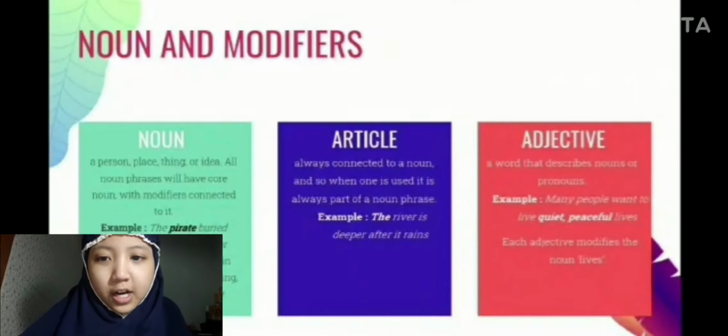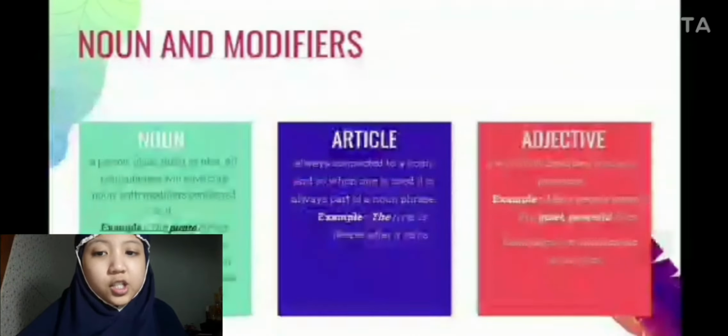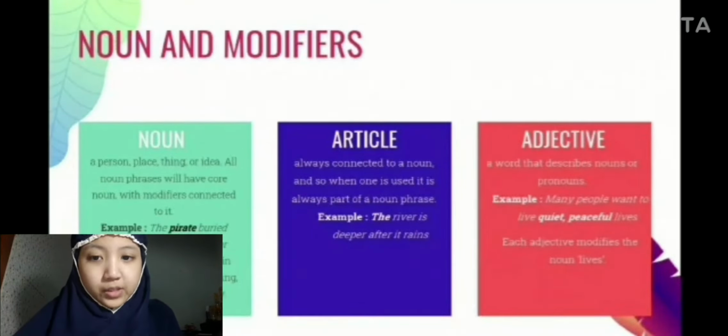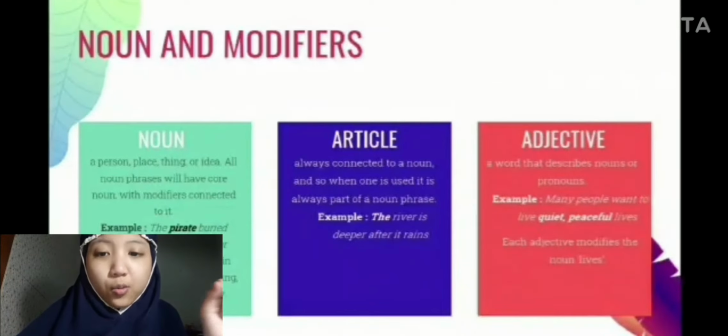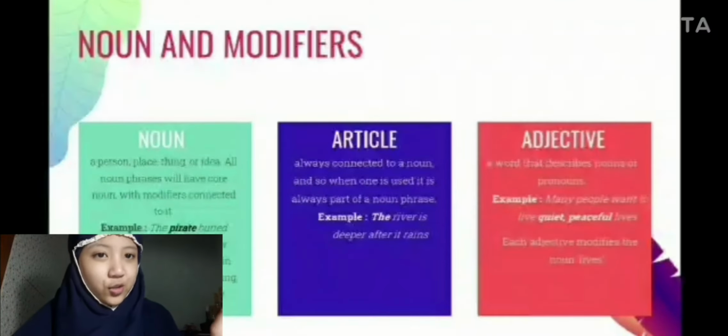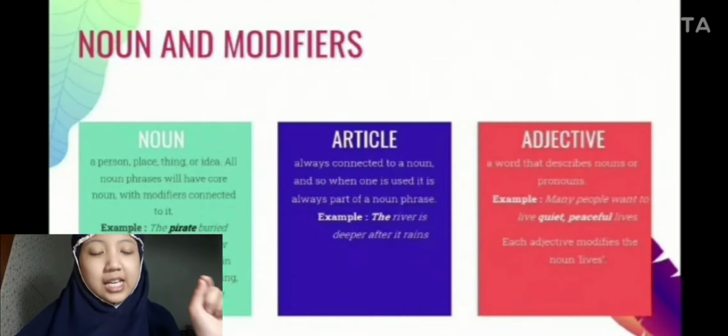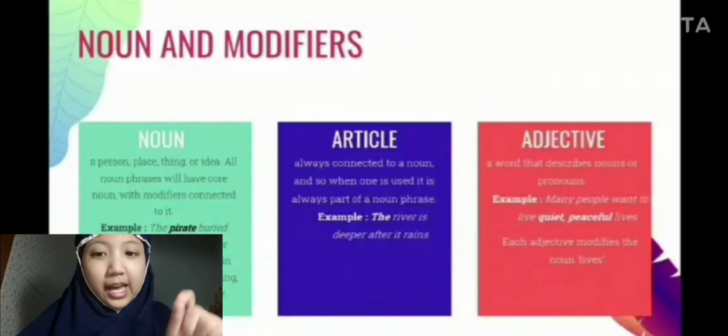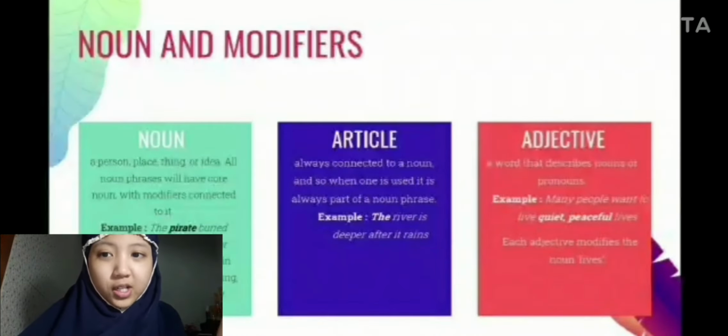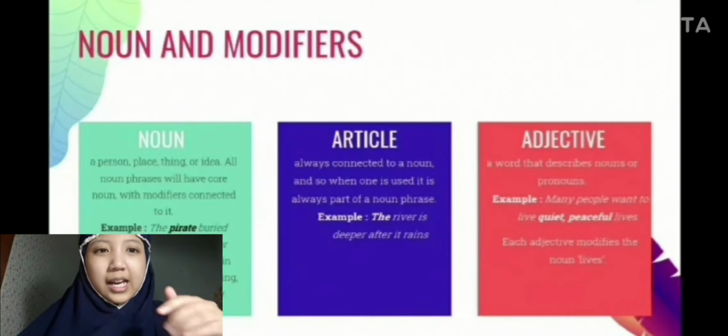And then article. An article always goes with a noun, so when one is used, it is always part of a noun phrase. Example: the river is deeper after it rains. The article here is the, and river is the noun, so the river is the noun phrase.